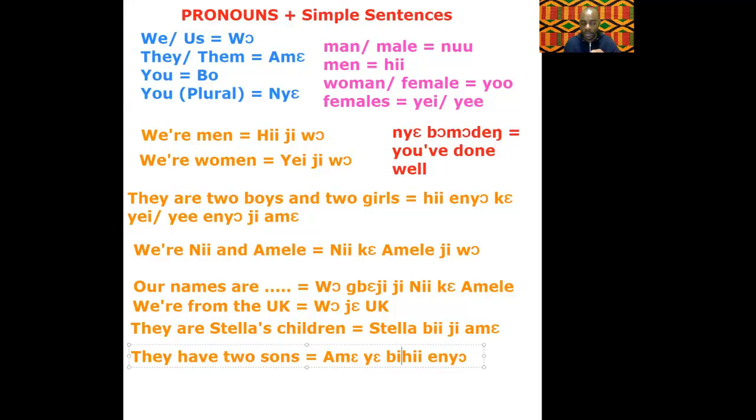But be him is actually sons, because be is a child, males, for male children. And how many are they? We will be more specific with another adjective, enyo, the number 2. Ameye bihin enyo.